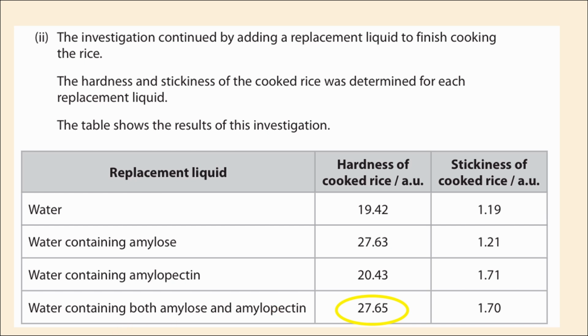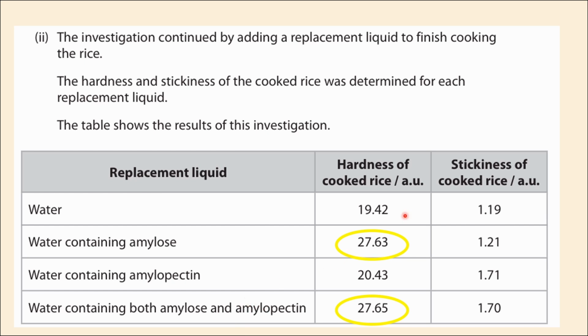And additionally, the liquid containing only amylose has a similar value, suggesting that both the liquid containing amylose and the one containing both components contribute to the hardness of cooked rice.